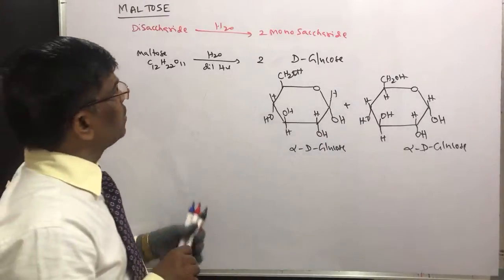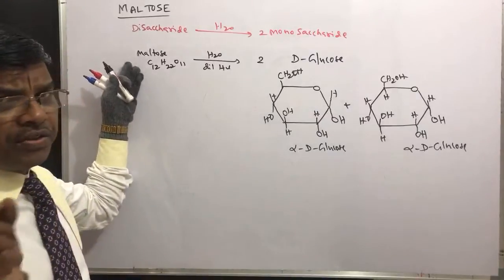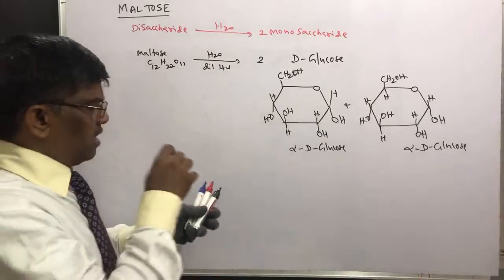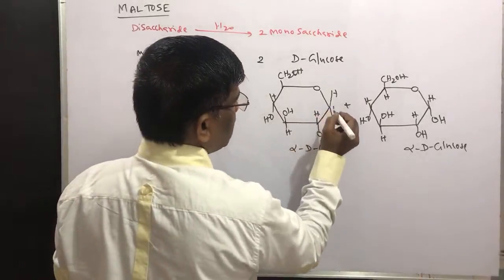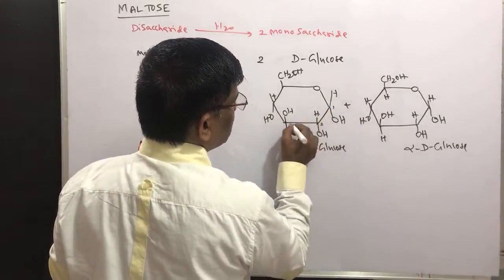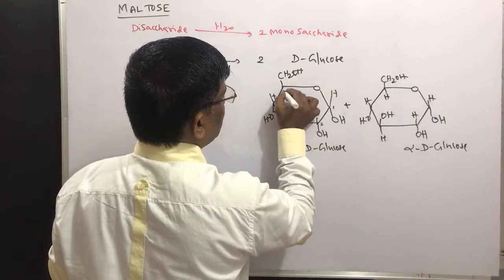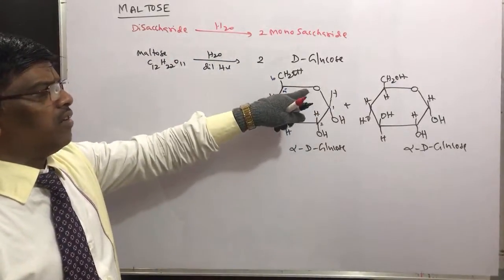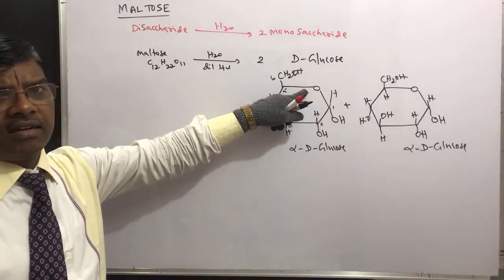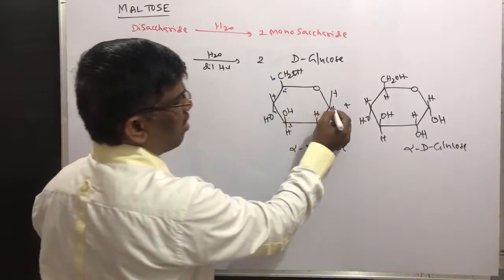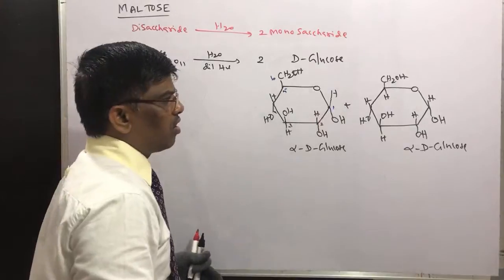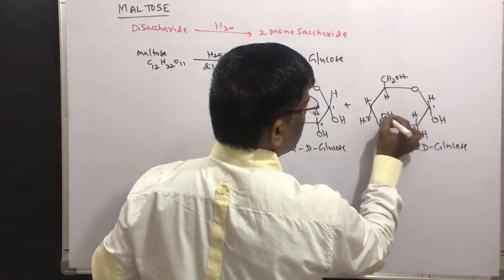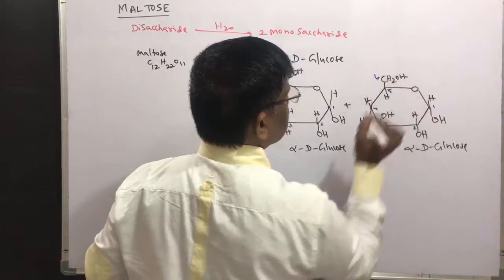However, it is going to show a reducing property, and in the structural elucidation it is observed that this is C1, students, C2, 3, 4, 5 and 6. Dear students, in carbohydrates you do not give numbering to oxygen. It is an acetal oxygen, hemiacetal oxygen, so don't number it. So 1, 2, 3, 4, 5, 6.